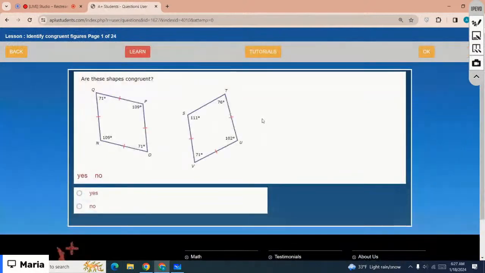Are these shapes congruent? Which is the correct option? The correct option is no, they are not congruent.